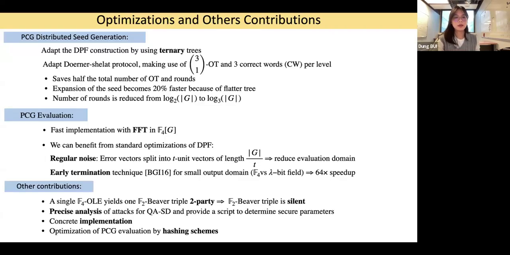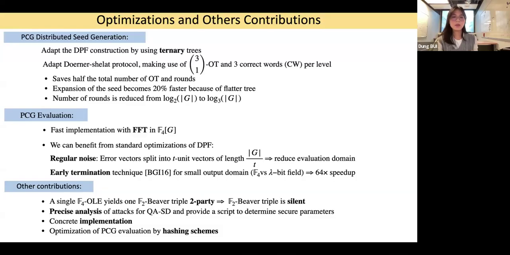And we also have other contributions. The first is that for the concrete two-party setting, we don't even need to go from F4 correlation to F4 Beaver triple. We can jump from F4 correlation directly to the F2 Beaver triple, and you pay nothing for that. And we have an analysis of attacks on the quasi-abelian syndrome decoding assumption, because it's a new assumption introduced in 2022.